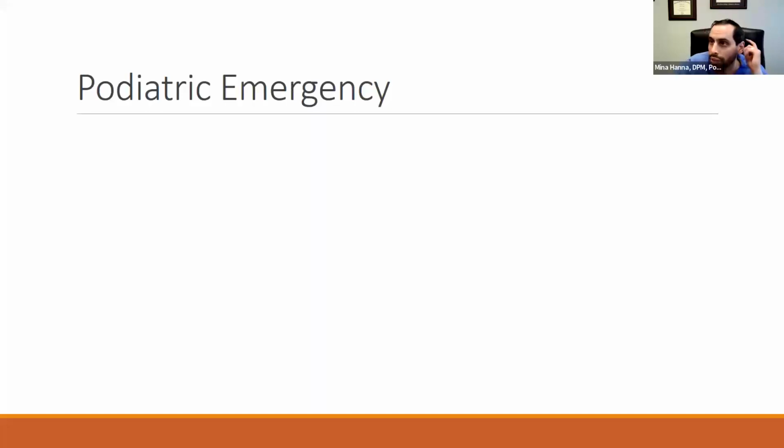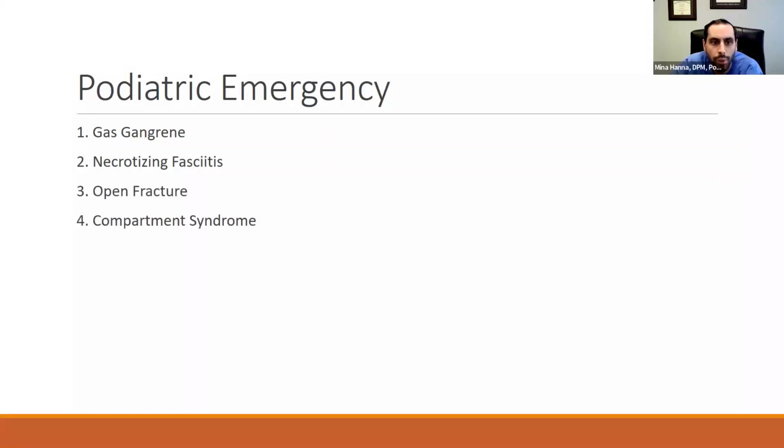All right, so there's 5 podiatric emergencies that need urgent treatment. That includes gas gangrene and necrotizing fasciitis, which are both limb-threatening infections caused by bacteria, open fracture, and compartment syndrome, which is a condition where, following an injury or bleeding, the pressure builds up and causes necrosis of muscle and tissue.